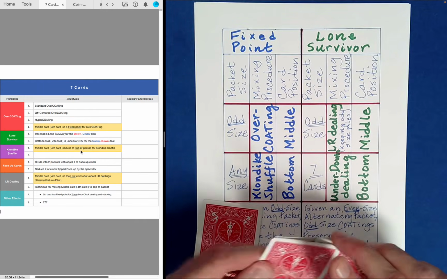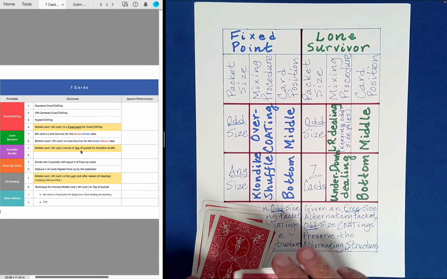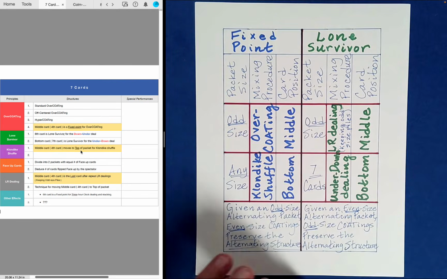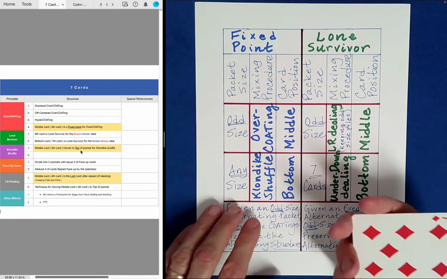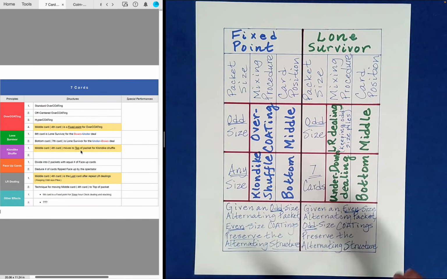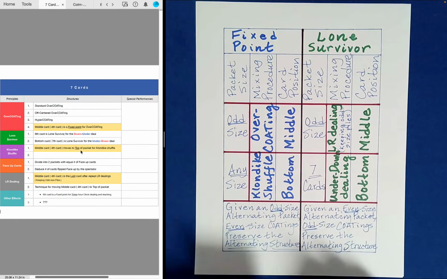So that bottom card, in fact, is the only fixed point generally that you'll have. The bottom card will always be a fixed point, for any packet size, when you perform the Klondike Shuffle. Because that bottom card is being pulled off along with the top and set on the table, that bottom card just stays there.